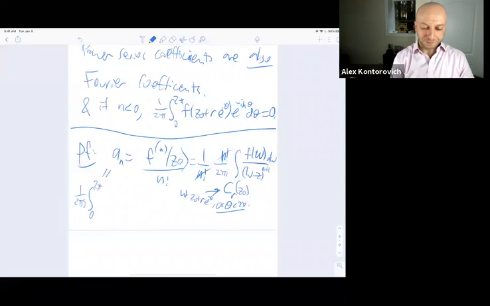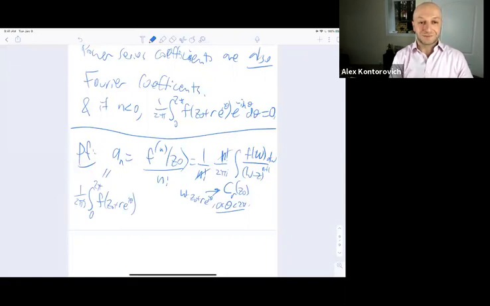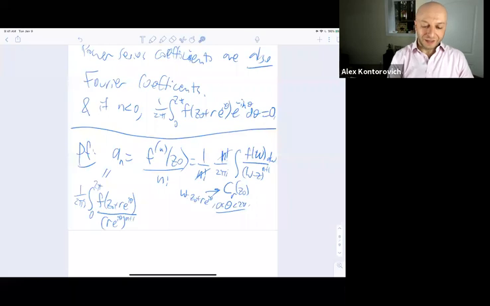F of w is f of z0 plus r e to the I theta, divided by w minus z0 to the n plus 1 power. W minus z0 is r e to the I theta, to the n plus 1 power. But then I need w prime, right? W prime d theta. W prime, z0 is a constant, and I get r e to the I theta times I, the chain rule, d theta.